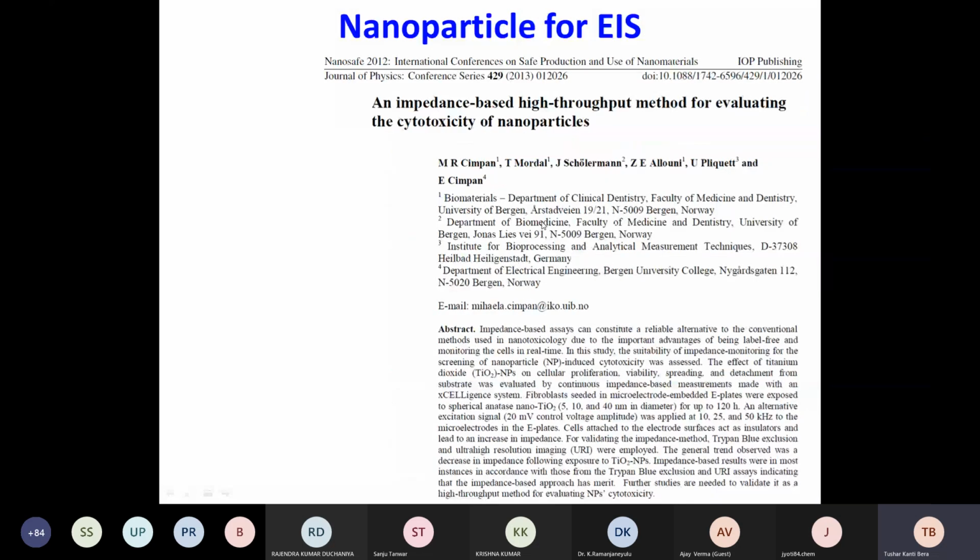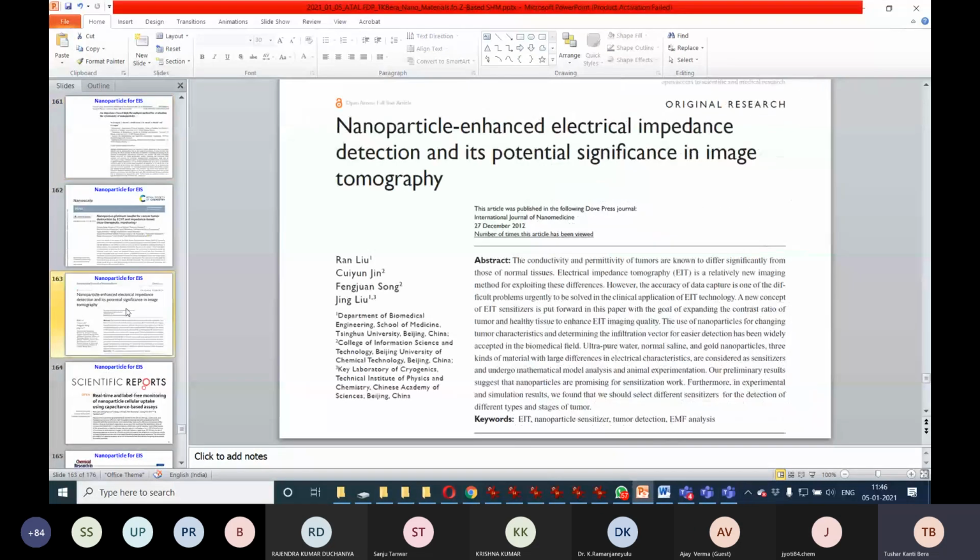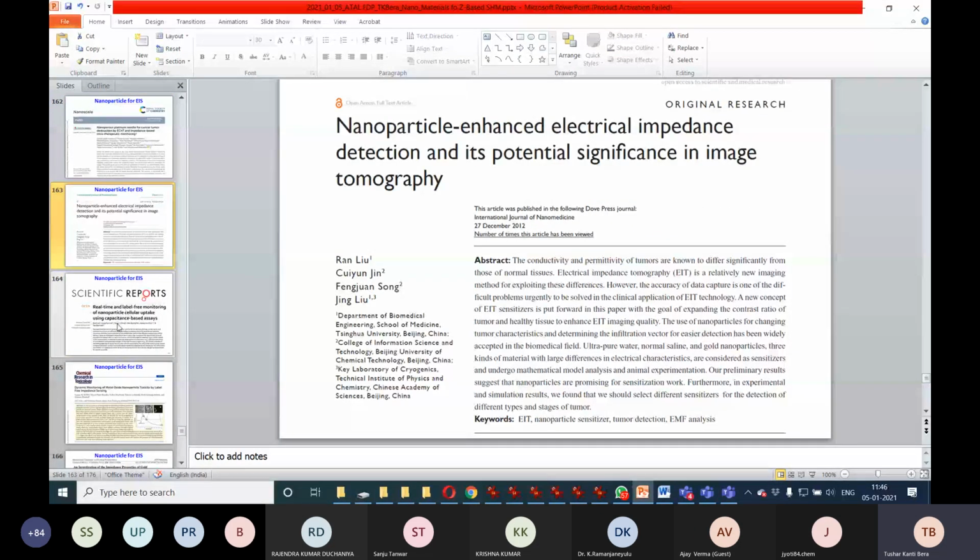And especially apart from biology, if we go for materials like carbon fiber reinforced composites, or any other material which has a very high resistive material like epoxy, but still we want to apply electrical impedance, because electrical impedance based techniques are fast, low cost and portable.